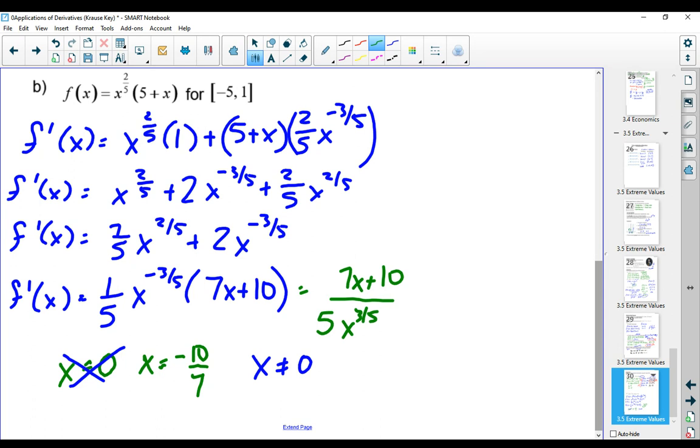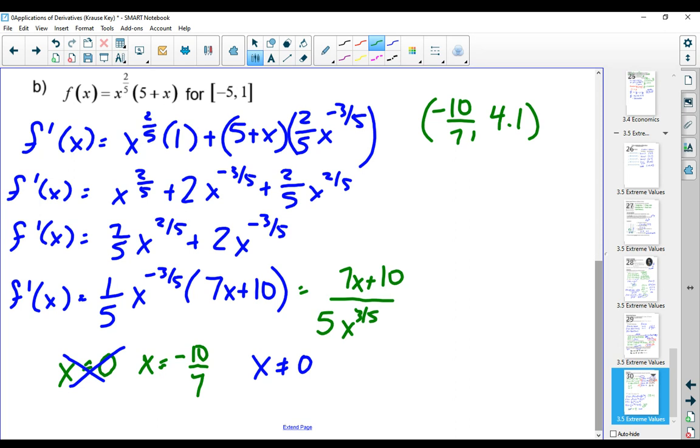So we're going to have -10/7 to the exponent 2/5 times -10/7 plus 5 would give us a point of -10/7, comma, again, I'm going to leave this as a decimal, 4.1, and then I'm going to check out the other points as well.